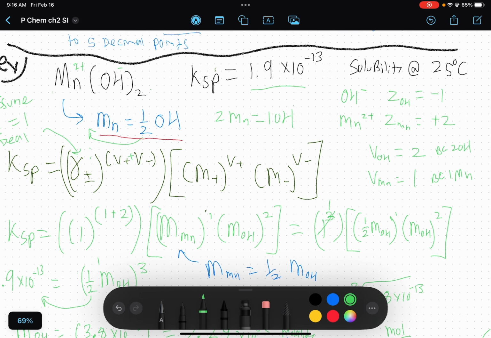Because the Mn is positively charged and the OH is negatively charged, you have 2 negative OHs, and those are -1. And then the Mn is 2 positive because the total needs to equal 0. So if you have 2 -1s, you need a +2.